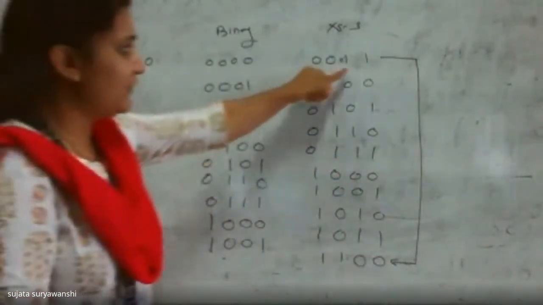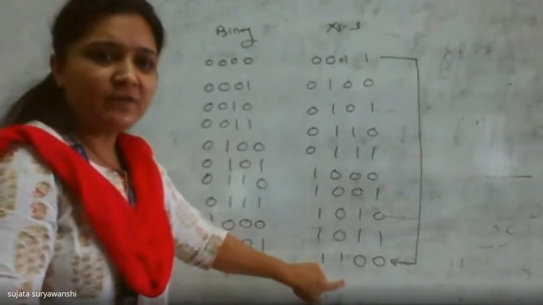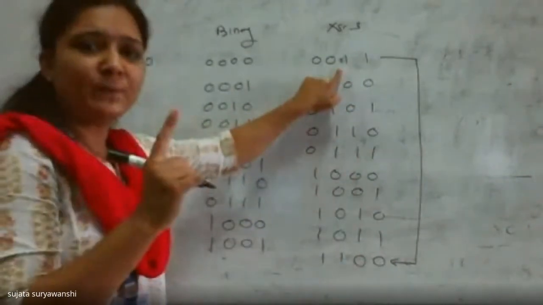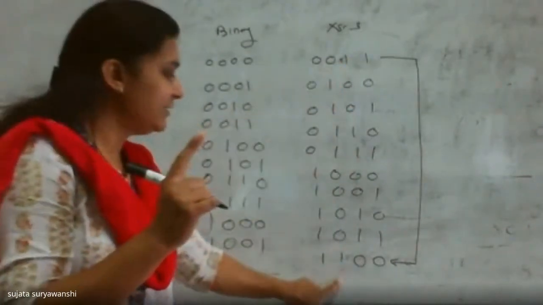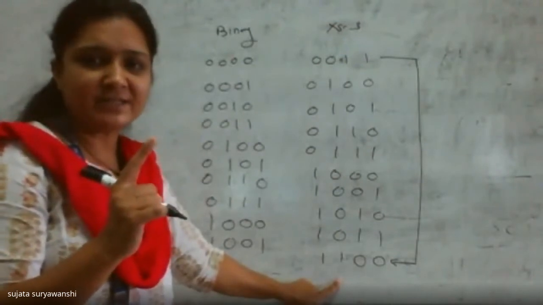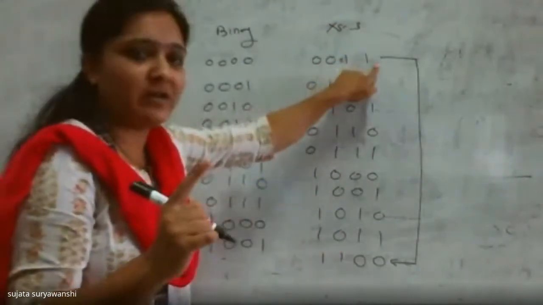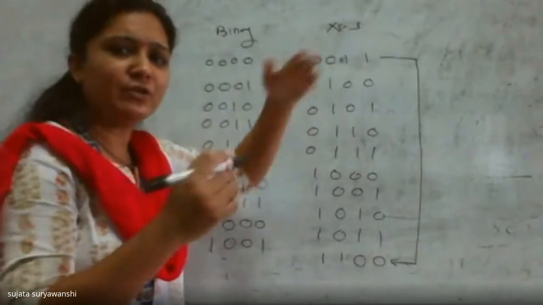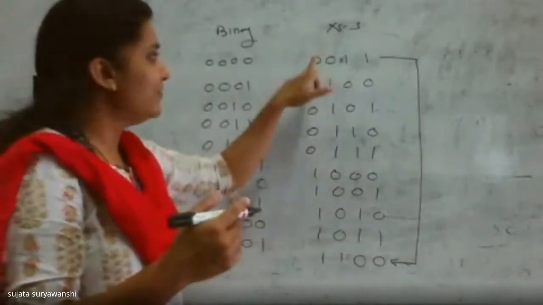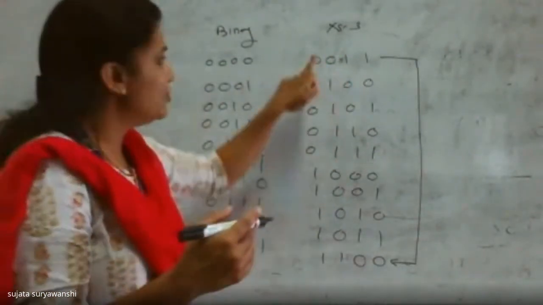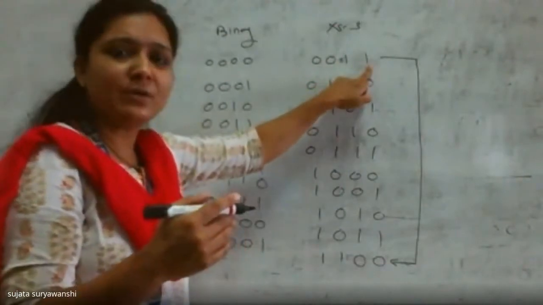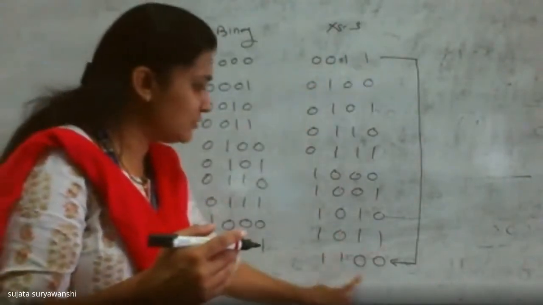When you take the one's complement of the first entry, you'll get the last entry, right? Here 0011. One's complement of 0011: you have to invert all the bits from 0 to 1 and 1 to 0. So the one's complement of 0011 is 1100.